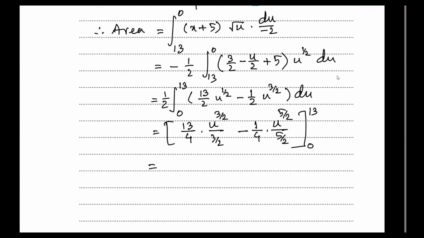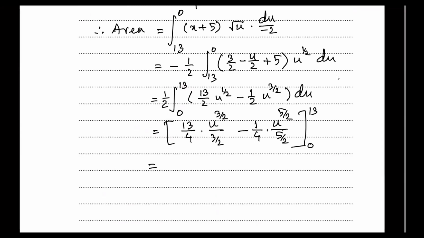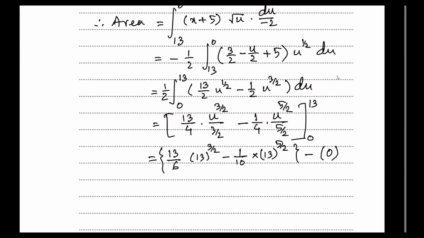This one has become 13 by 6 into 13 to the power 3 by 2 minus 1 by 10 into 13 to the power 5 by 2. That's upper limit minus lower limit. If we substitute the lower limit, this thing becomes 0.